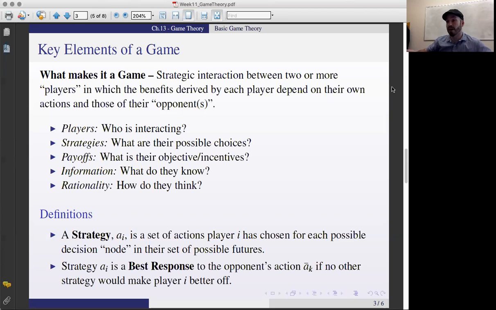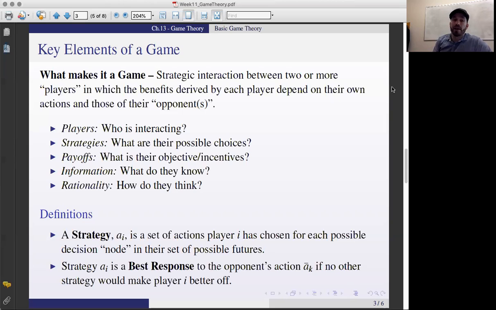Because not only in future stages does the player need another strategy, they need a strategy that covers every possible outcome at that point in the game.